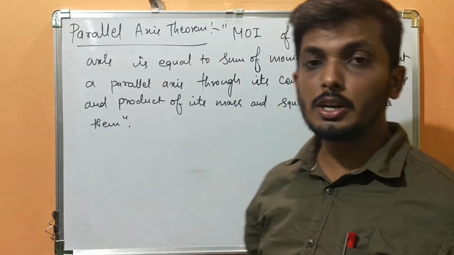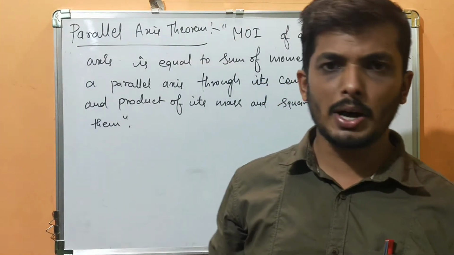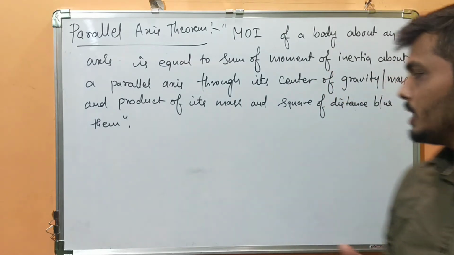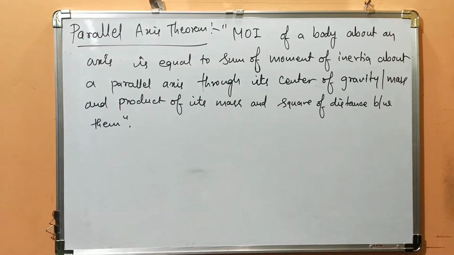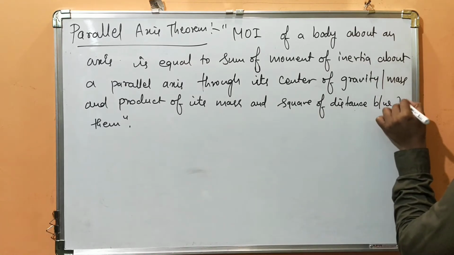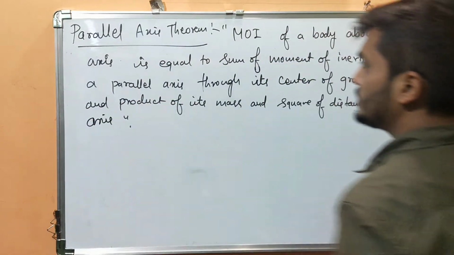I had told you the concept of center of gravity and center of mass. For small objects, the center of gravity and center of mass almost coincide, so it doesn't make a difference if you write gravity or mass. And the product of its mass and square of the distance between the two axes. So what do you understand?